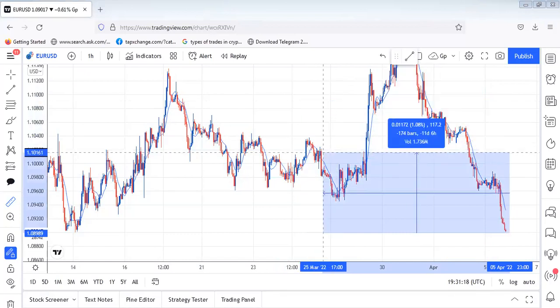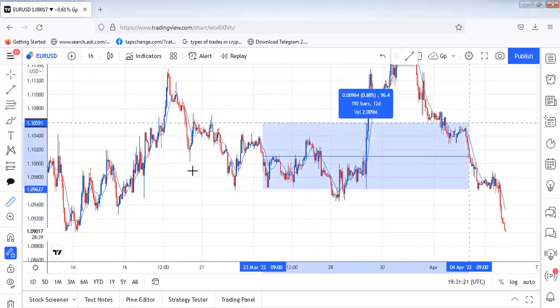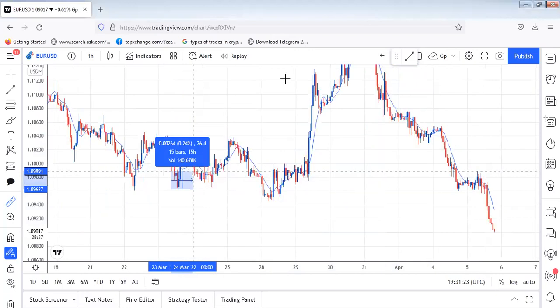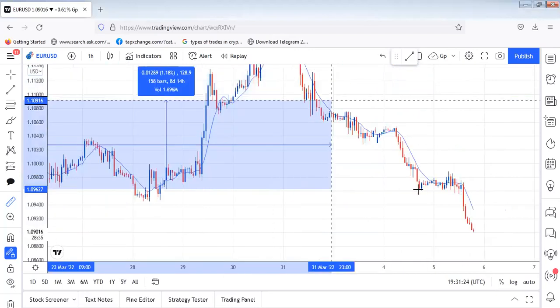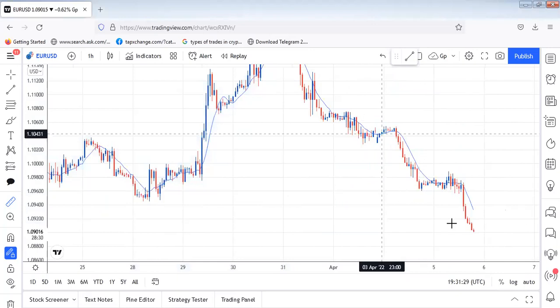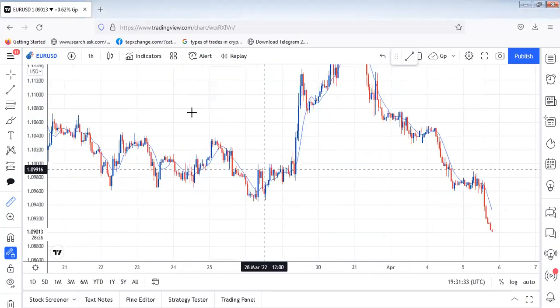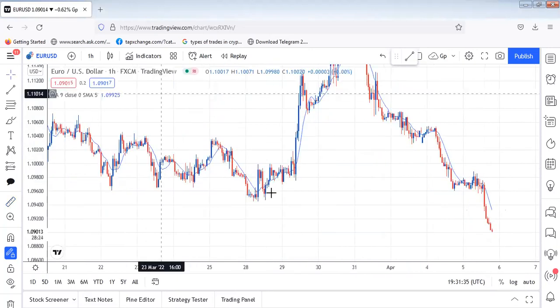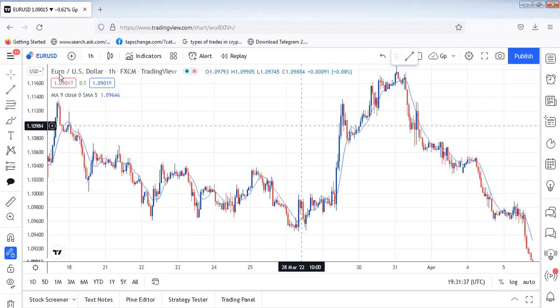This week, the sellers have decided to dominate the market. Like I told you in one of my classes, when you see red candles coming down, it is an indication that sellers are dominating the market. When you see a blue candle going up, it's an indication that buyers are dominating the market. Do you agree?